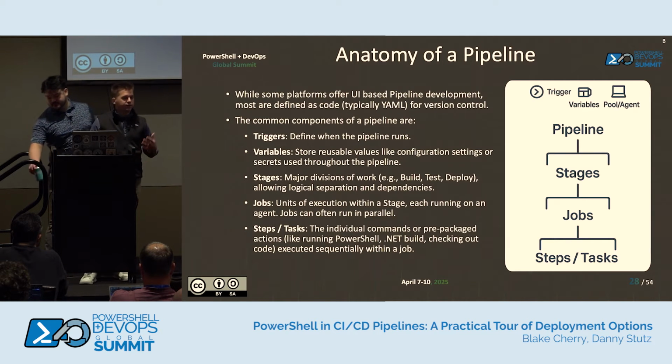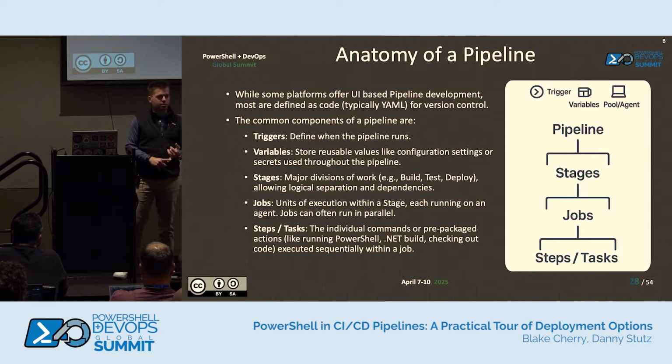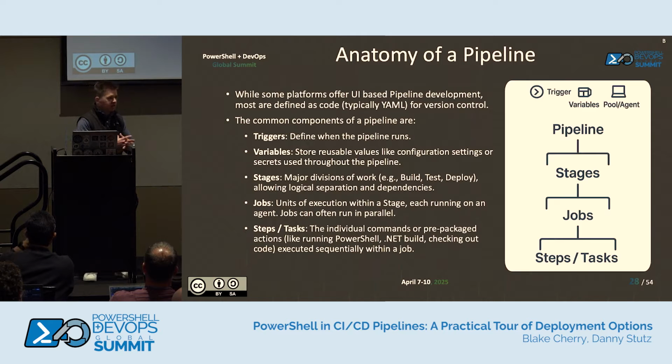Outside of triggers, variables are important. So ways to store important configuration settings or to pass in certain values. As Danny noted in our example, in the pipeline scenario, we're able to much more cleanly audit and ensure the consistency of the variables that are passed into our scripts that are run through the pipeline.